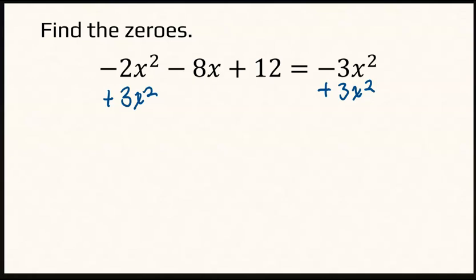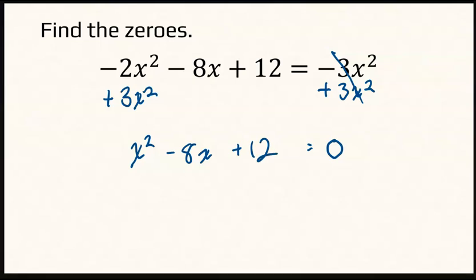The reason why I'm adding is because I want to have a 0 here. Keep in mind that 3x squared is not going away. It is combining with something else. So negative 3 plus 3 is 0. That's what I was after. And negative 2 plus 3 is x squared. So conveniently, I now have a factorable quadratic.